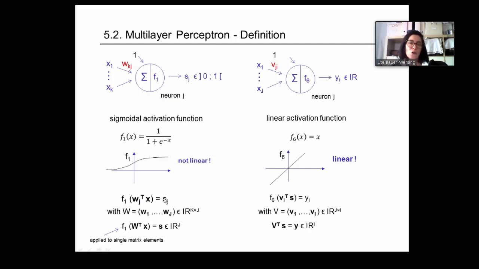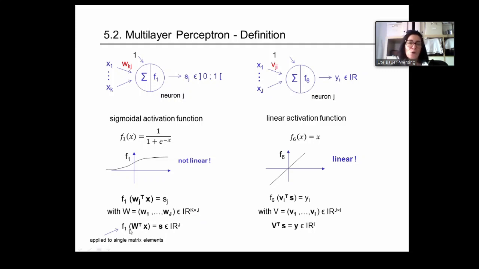This is used to calculate the output sJ. We can summarize all the weight vectors of the neurons in the hidden layer in a matrix W, using a column-wise representation. So we have a K by J matrix, with K rows and J columns.